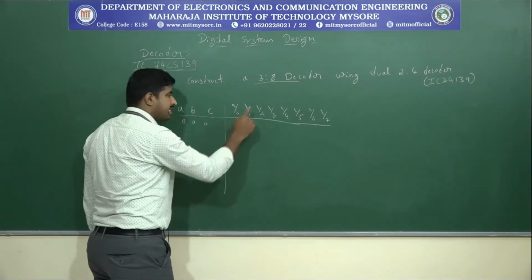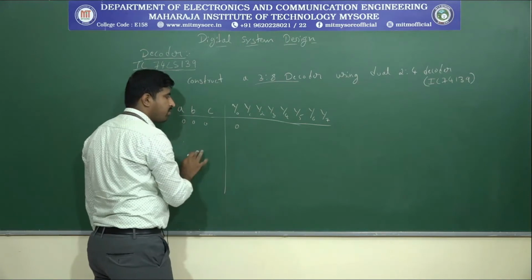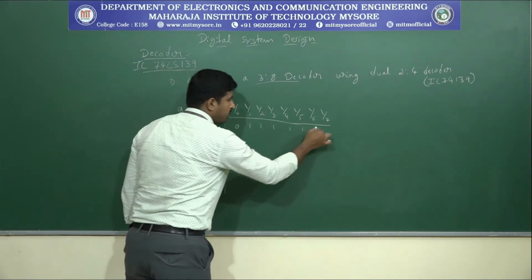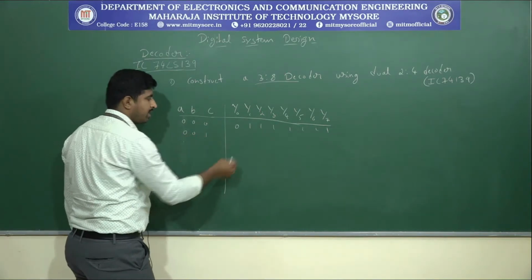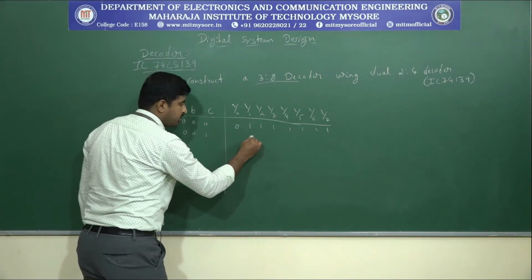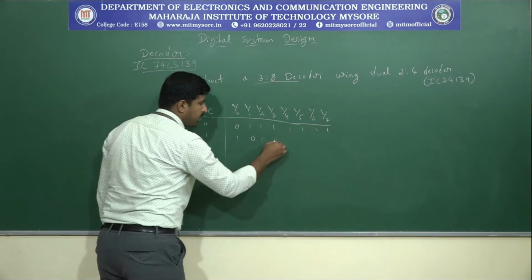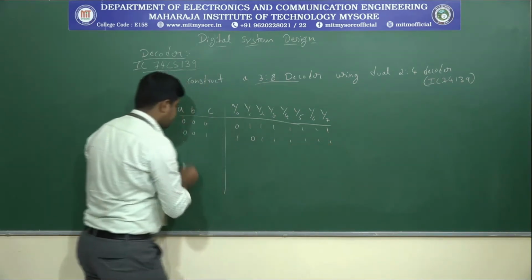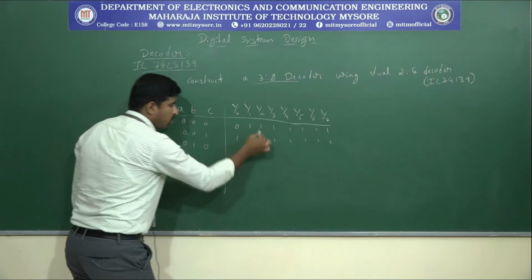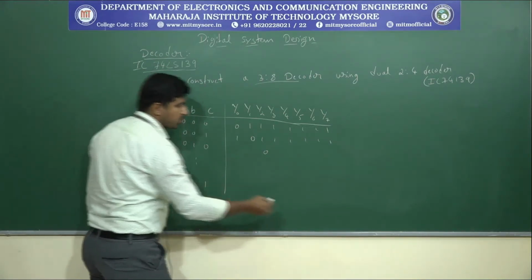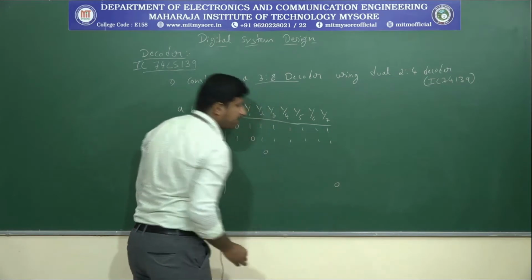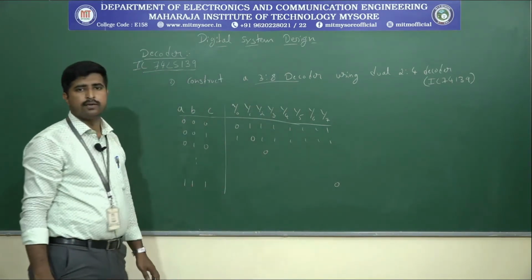Okay, so let's consider active low pins only. So this will be 0 and the remaining will be 1. So 0, 0, 1. Okay, so that means this will be 0 and the remaining will be disabled. Similarly 0, 1, 0, Y2 will be enabled. So like this, when it is 1, 1, 1, Y7 will be enabled and the remaining will be disabled.